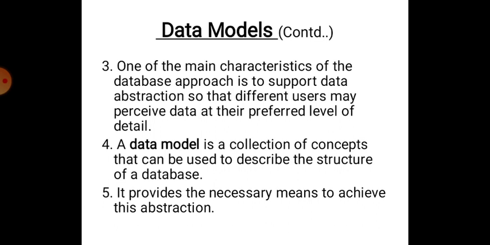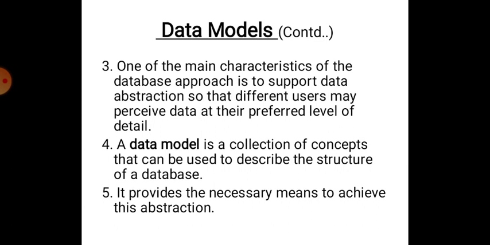One of the main characteristics of the database approach is to support data abstraction so that different users may perceive data at their preferred level of detail. Students, for a database, there are very many different users who are going to access the database. We have studied various types of end users. So they require different levels of data abstraction.